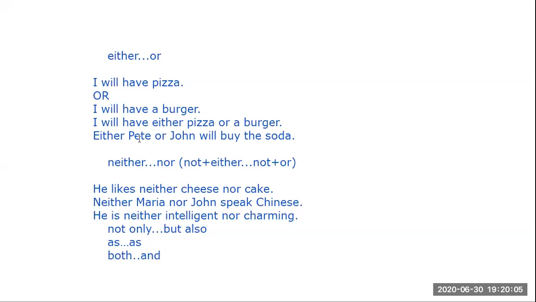So here, Pete and John are both people, and they're both nouns. But we don't know in this case which one will buy the soda, but we know one of them will. There are two possibilities, so either Pete will buy or John will buy. So either Pete or John will buy the soda.